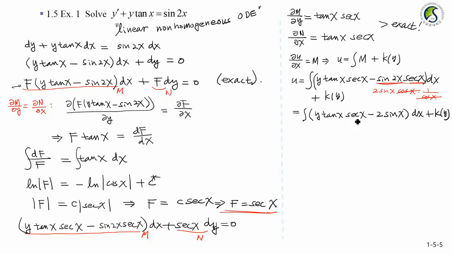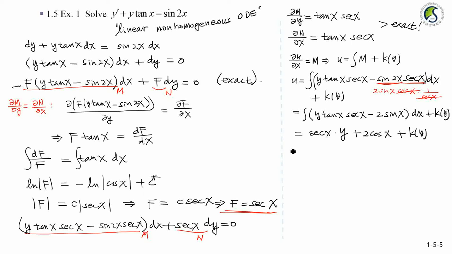I left the first term untouched because if you do the integration, that's simply secant x. So this integration gives secant x times y, and this term is simply plus 2 cosine x, plus k of y.